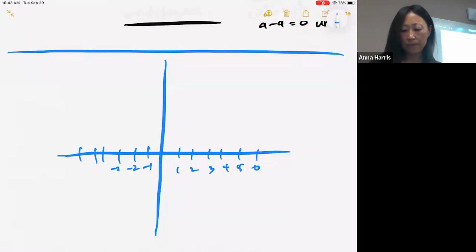I'm just drawing my graph, what we know.